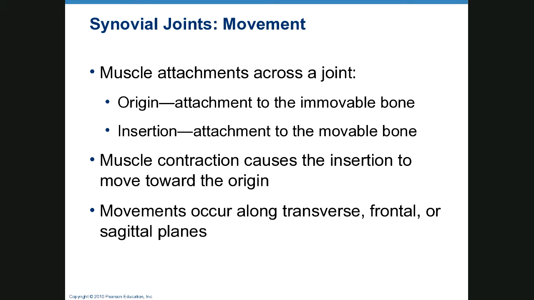You have to have an origin. This is attached to the immovable bone, and then the insertion, which is attached to the movable bone. So this muscle has to go across a joint or you would get no movement. And muscle contraction causes the insertion to move towards the origin.